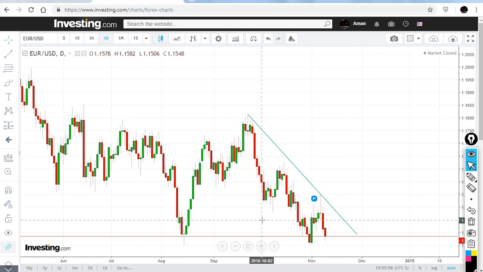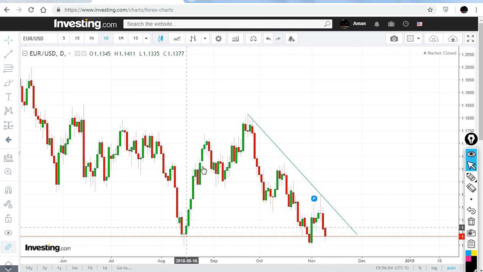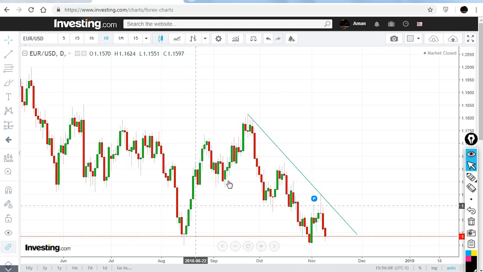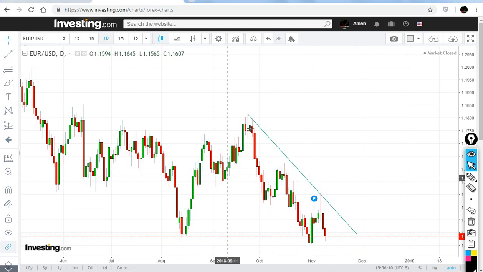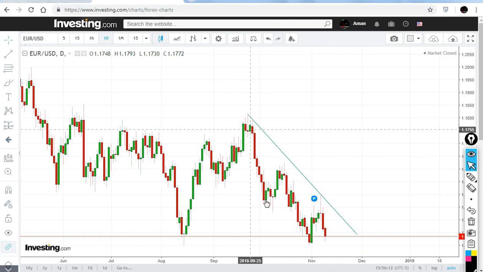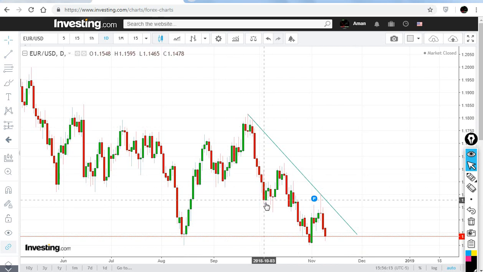Now if we see, there is an M. After a pin bar, the market goes up and creates an M formation. But now we are looking for a W formation. What's going on here?